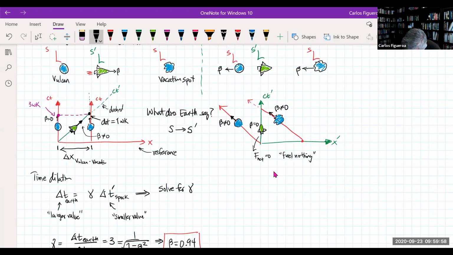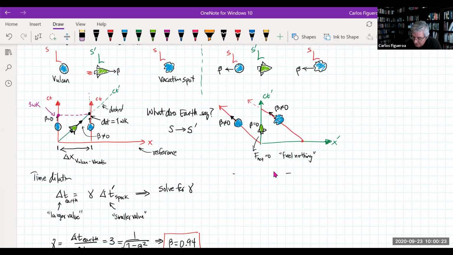So according to the rocket frame, it takes these guys 3 weeks to come. I don't want to write that because I think I'm going to start confusing the issue.